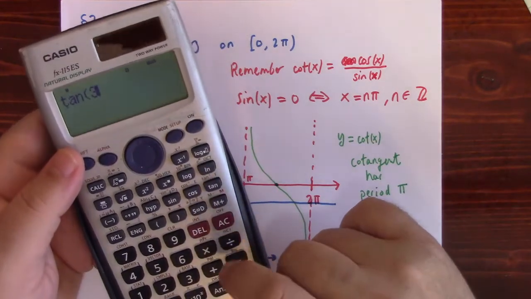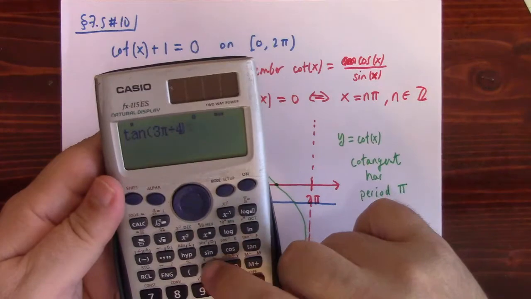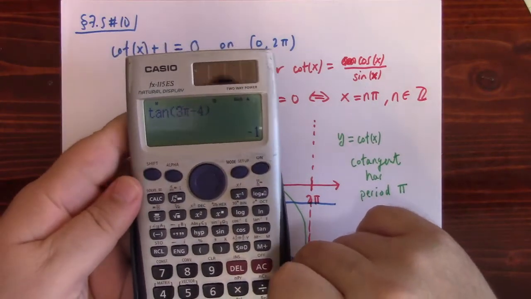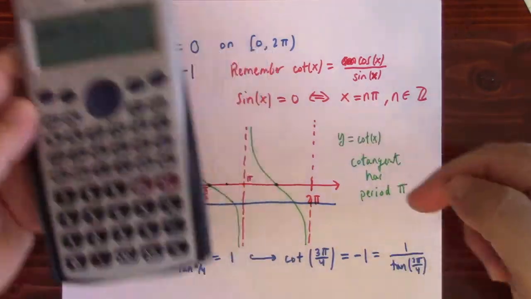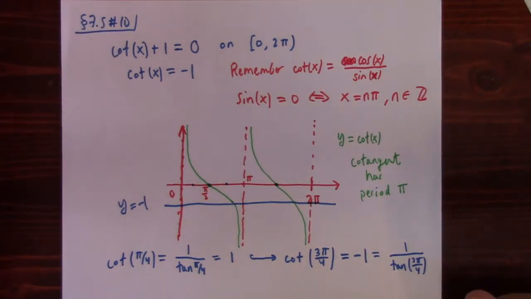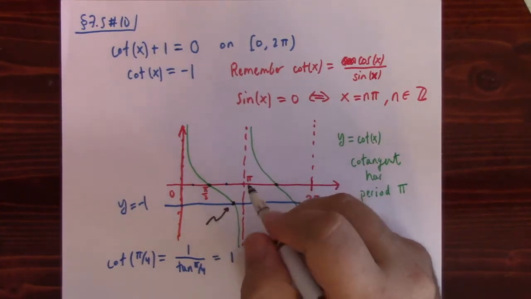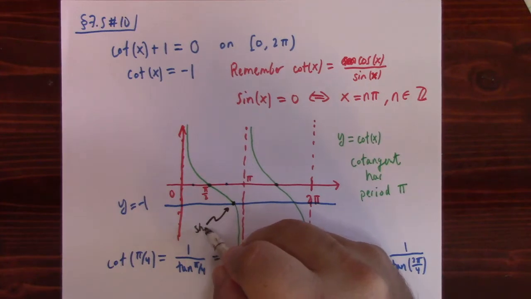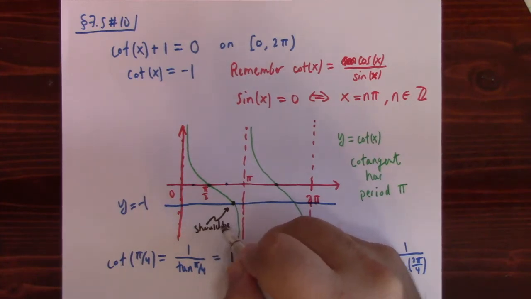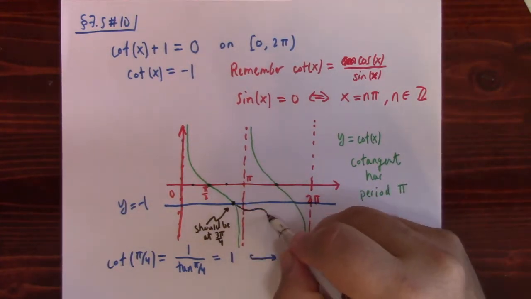Always check on that. Pi divided by 4, we got minus 1. So tangent is minus 1. Notice that 1 over minus 1 is minus 1, so check. That's one solution, right here. Again, my graph isn't quite right, so that should be at 3 pi over 4. And then you add pi to that.